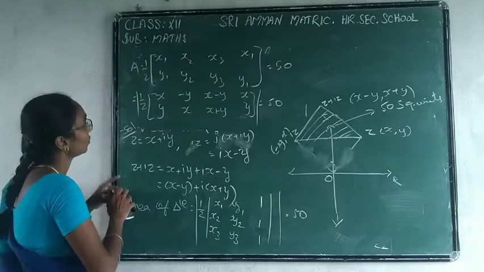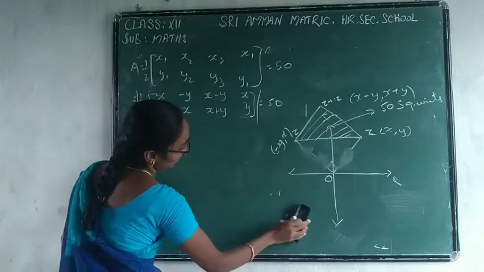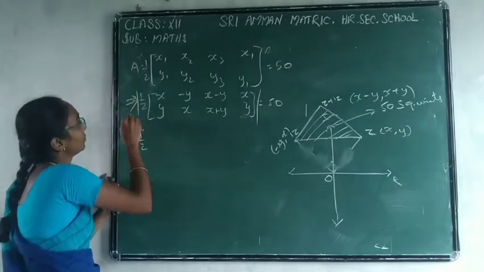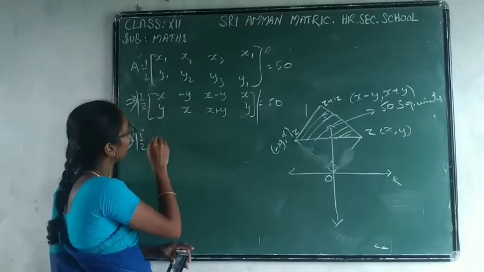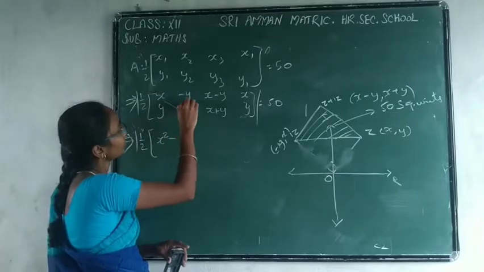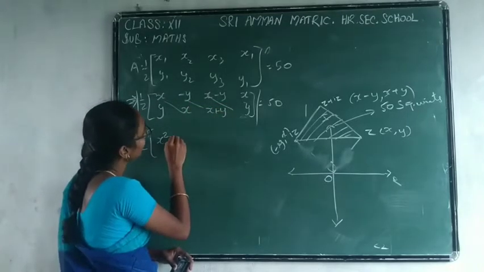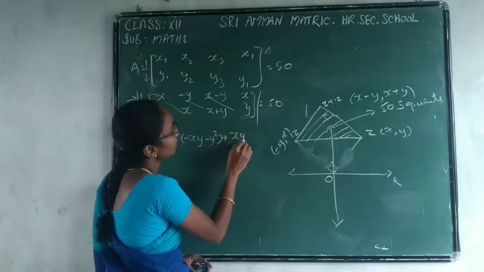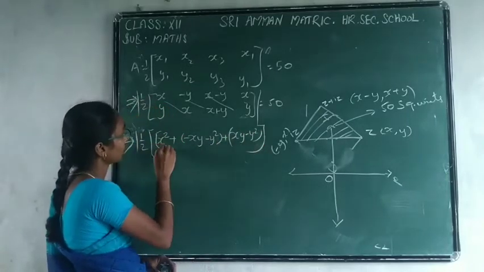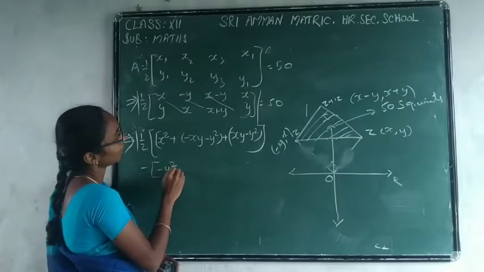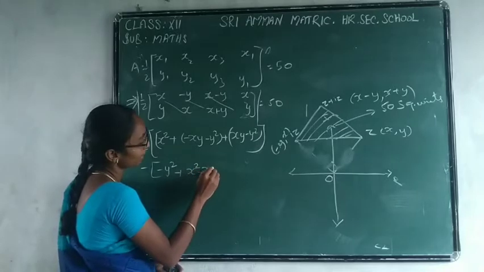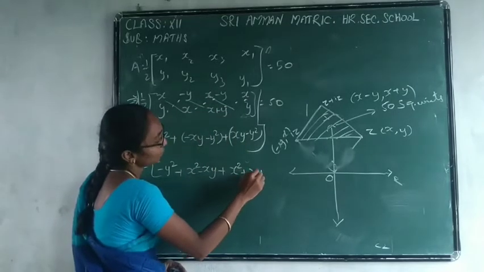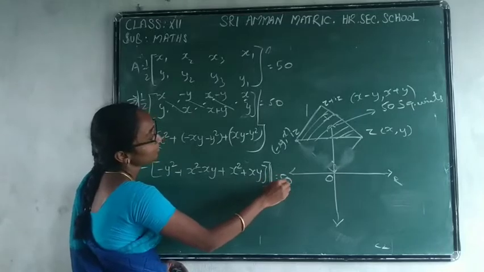Okay. Now the modulus of half into the down-arrow products: x squared, plus minus xy, minus y squared, plus xy, minus y squared, minus the up-arrow products: minus y squared plus x squared minus xy plus x squared plus xy, equal to 50.